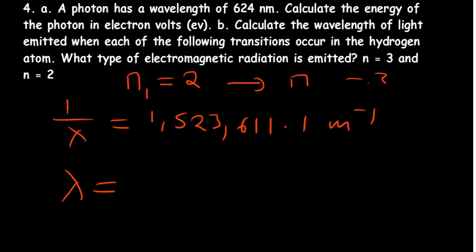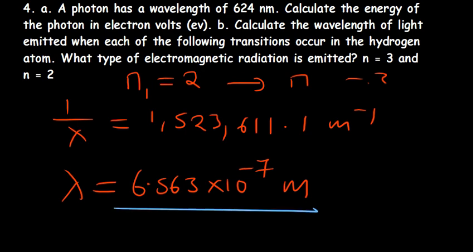After dividing, the answer I'm getting in scientific notation is 6.563 times 10 to the power negative 7 meters. Because we used our constant in meters, the wavelength is also in meters.